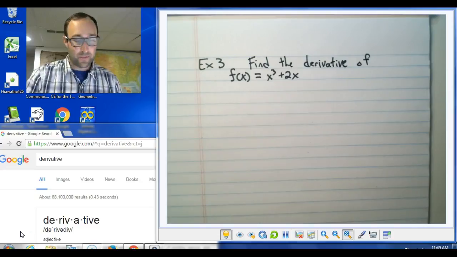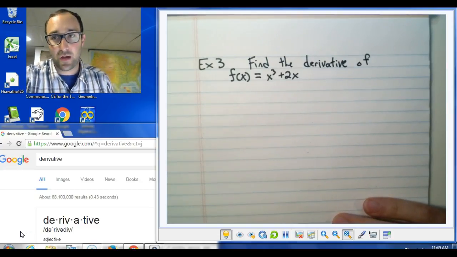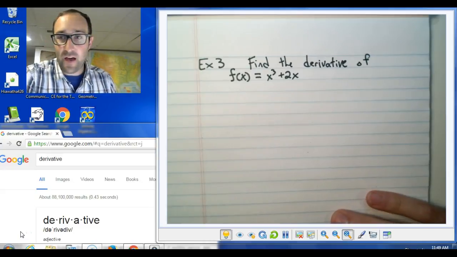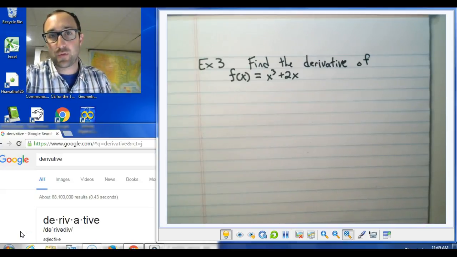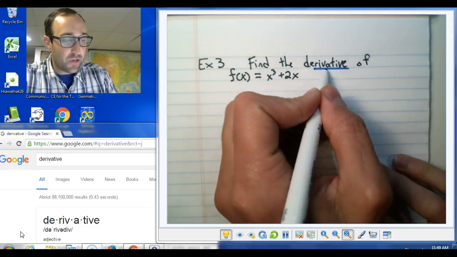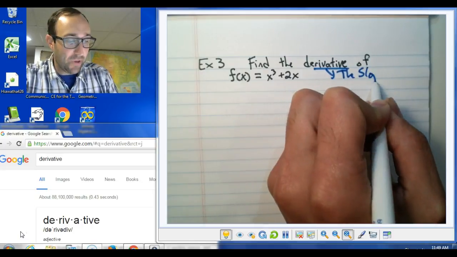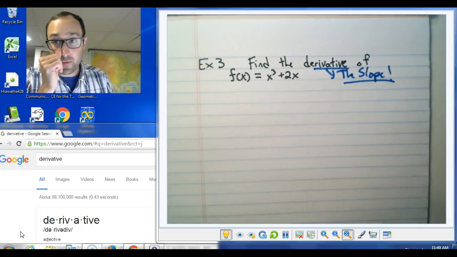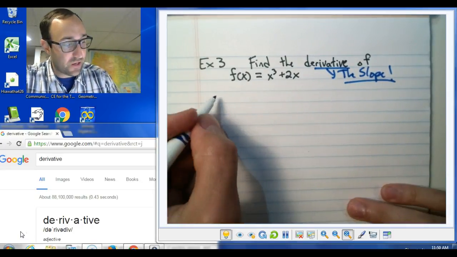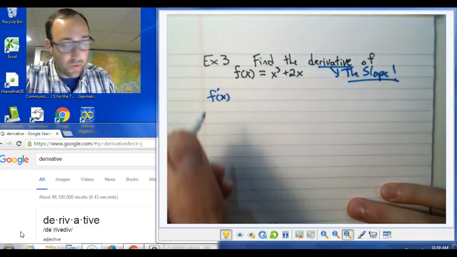Alright, now we have example 3, and now the computer is working a little bit faster again, which is very nice. Okay, so it says find the derivative of f of x equals x cubed plus 2x. Now you remember that a derivative really just means find the slope. That's really what we're looking for, find the slope. There are several different ways of writing it, so I'm just going to write it as f of x with the primes.